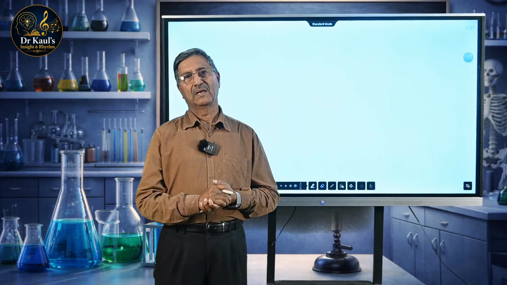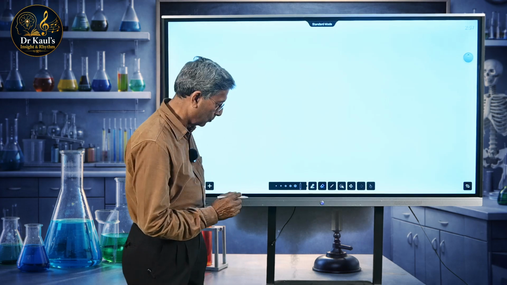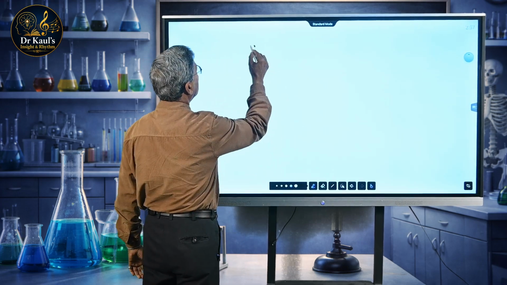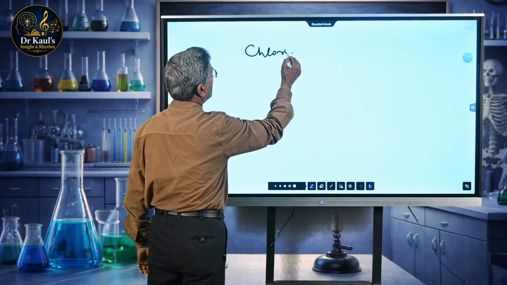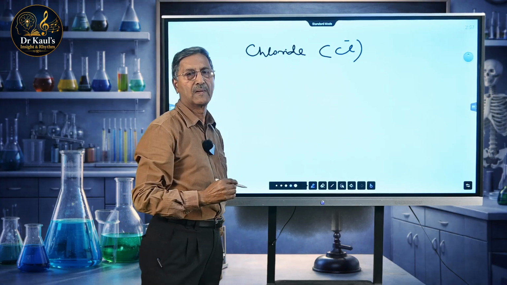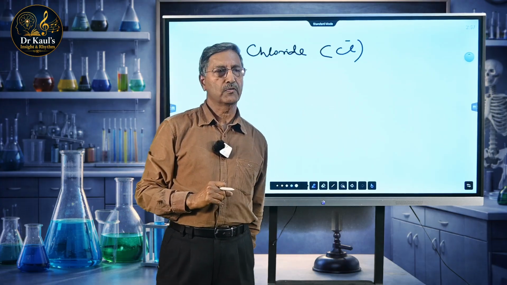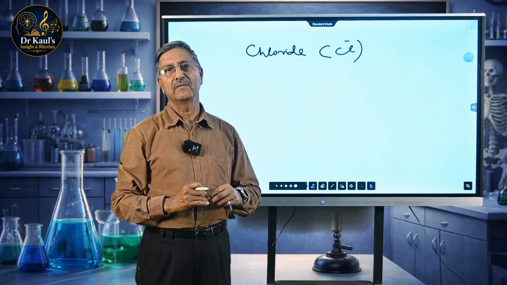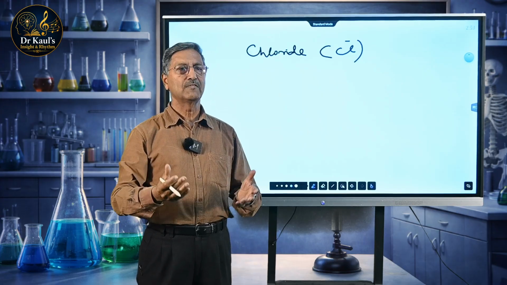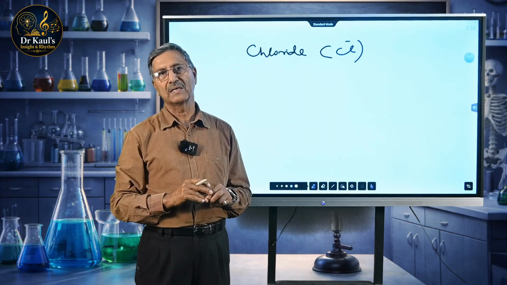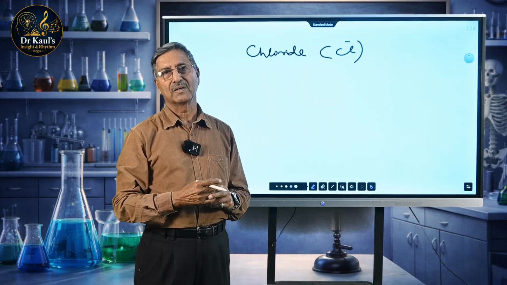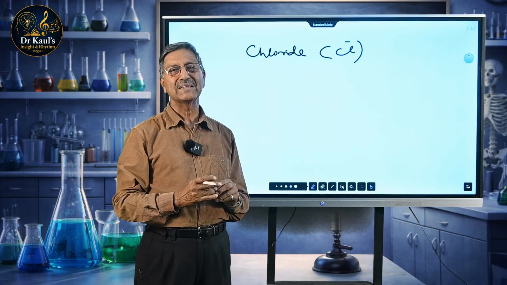First of all, we start with the confirmation of chloride. The indication of chloride is obtained with the concentrated H₂SO₄ test, in which HCl vapors evolve, and their presence is confirmed with the ammonia test.